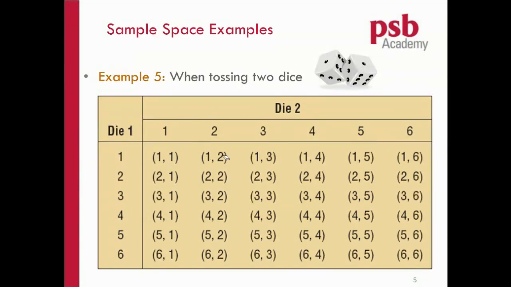It can be 1, 2, 3, 4, 5 or 6. If the first die shows you a 2, then what can the second show you? It can show you again 1 or 2 or 3 or 4 or 5 or 6. Okay, so you end up with how many possible outcomes? 6 times 6, you end up with 36 outcomes.